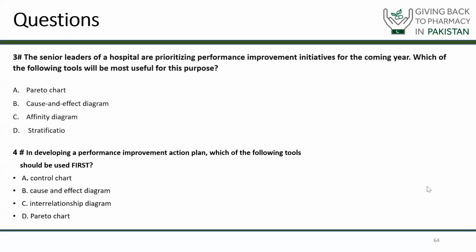We have answers D and B. So the answer is A for this one, because as we discussed in the Pareto chart, we select the issue which, if we decrease it, will give an impact of 80%. So we will use the Pareto chart, first prioritizing which issues are most important.